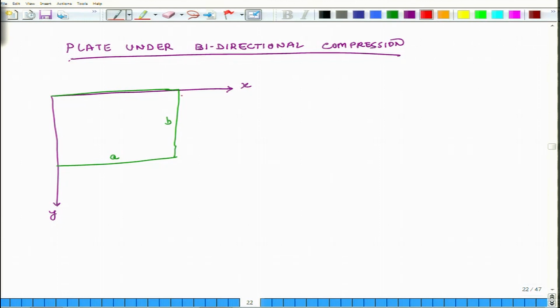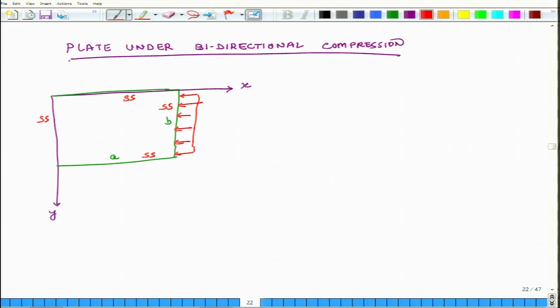I am having the external load. So, it is uniformly getting compressed in the x direction, and here it is simple support. So, the plate is simply supported on all four sides, but once again we will explicitly state what these simple supports mean.